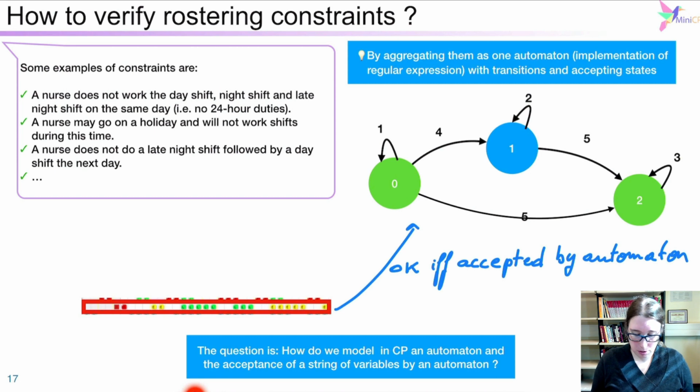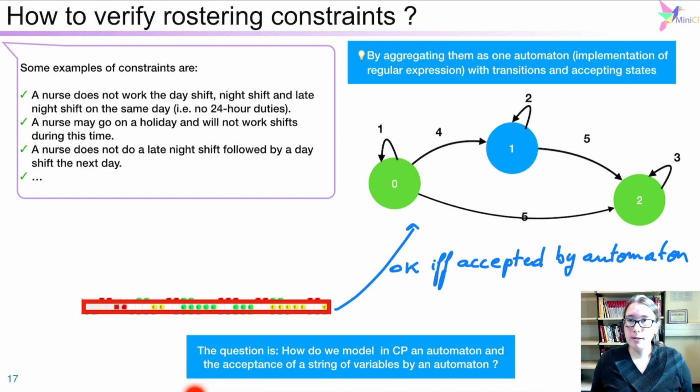How does the automaton do that? The automaton has what we call the starting state, where we start, and then it has transitions that go from one state to another state. It can stay in the same state or go to another one, and it also has what we call ending states, which are these two in this case.